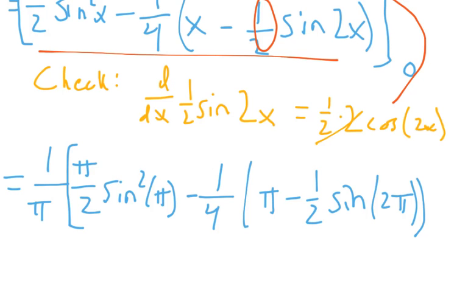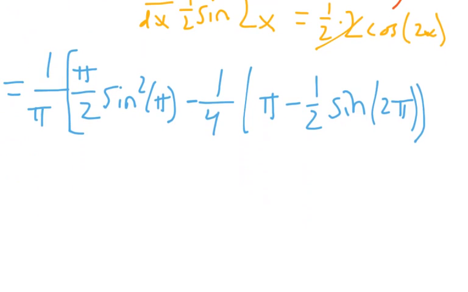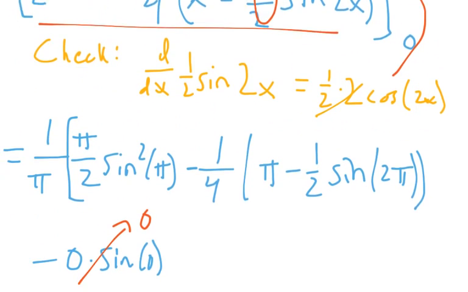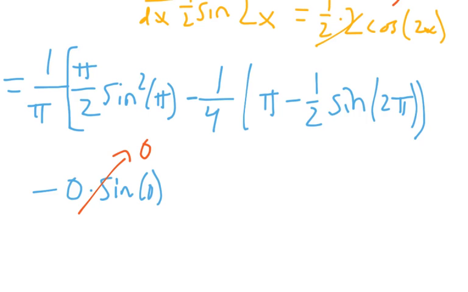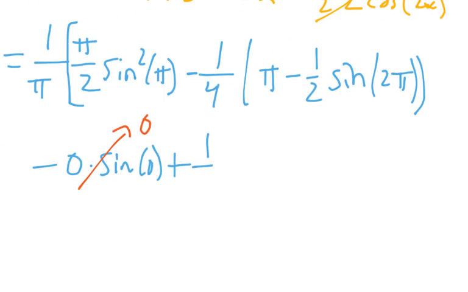So that's all of the first stuff, and then we're going to subtract the stuff at 0. But this one just becomes minus 0 times sine of 0. So all of this stuff is equal to 0. And then over here we get minus negative 1/4, so we're going to get a plus 1/4.